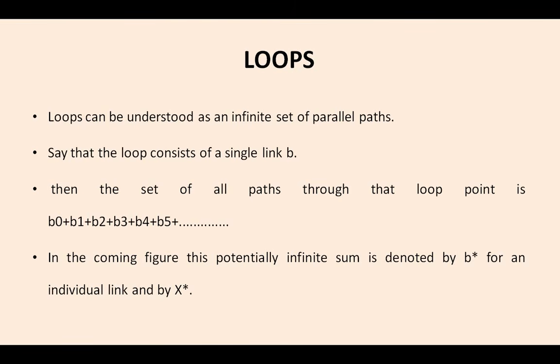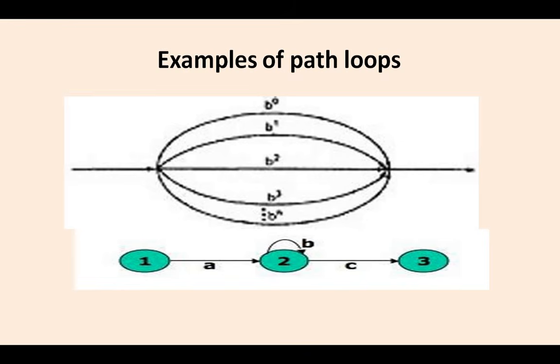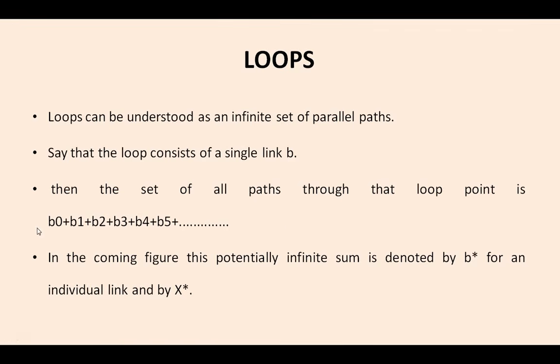In the coming figure we see some examples of loops. For example, see here the loops b0, b1, b2, b3 up to bn. How can we represent it with the plus symbol? Either b0 or b1 or b2 or b3 up to bn.